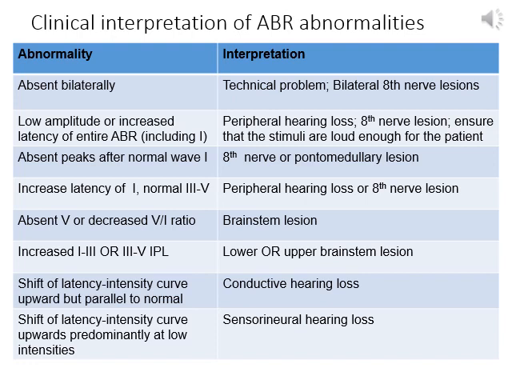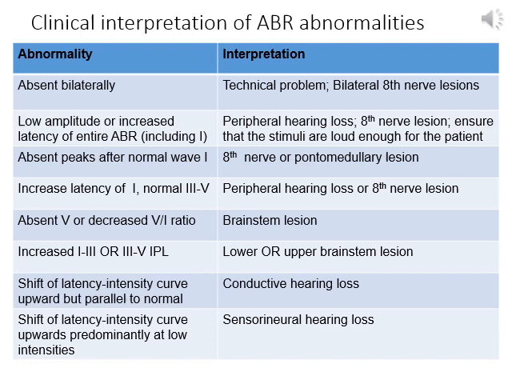If the peaks after a normal wave 1 are absent, this would suggest a dysfunction of the eighth nerve or a pontomedullary lesion, or a lesion in the lower brainstem. If there is increased latency of the wave 1 with normal interpeak latency of waves 3 to 5, this also would suggest a peripheral hearing loss or an eighth nerve lesion.